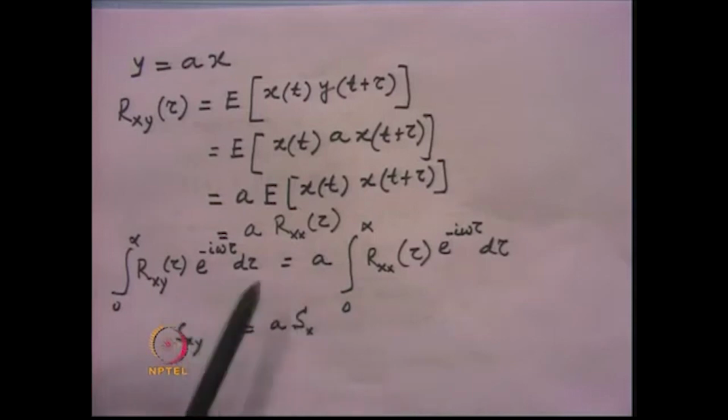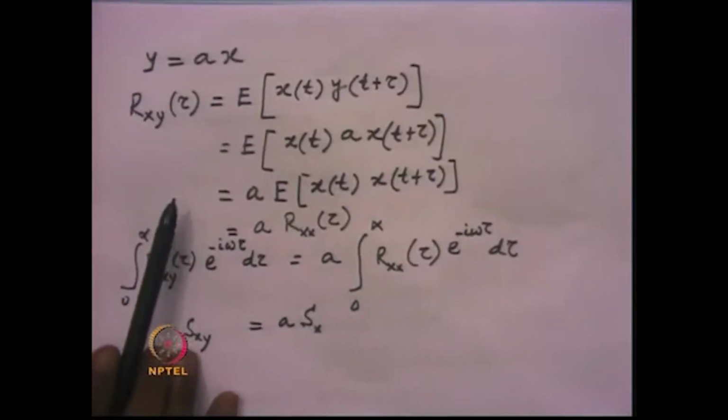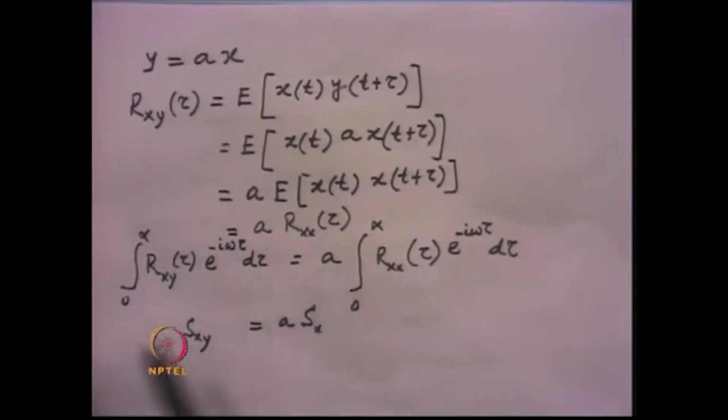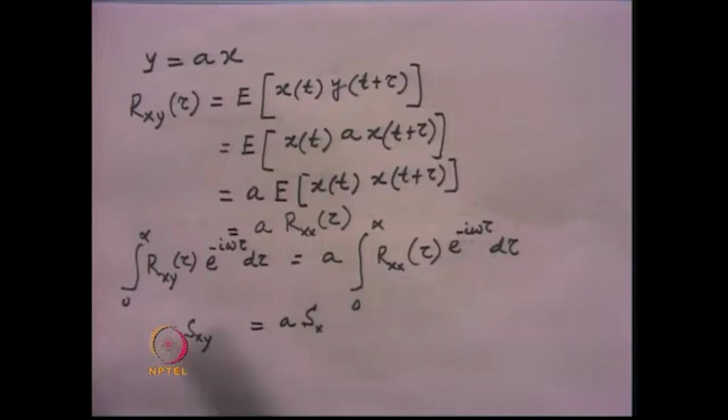Now, if we take a Fourier transform of both sides, then we have Rxy tau e to the power minus i omega tau d tau, and on this side we will have Rxx tau e to the power minus i omega tau d tau.